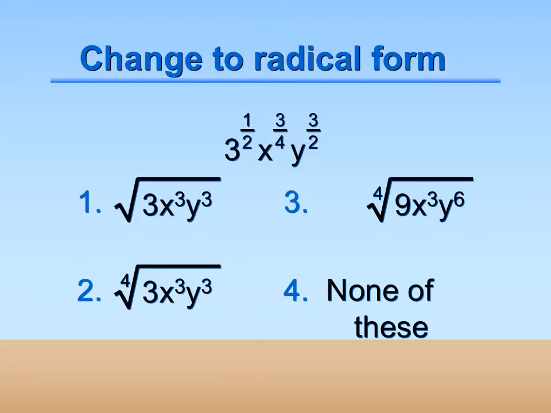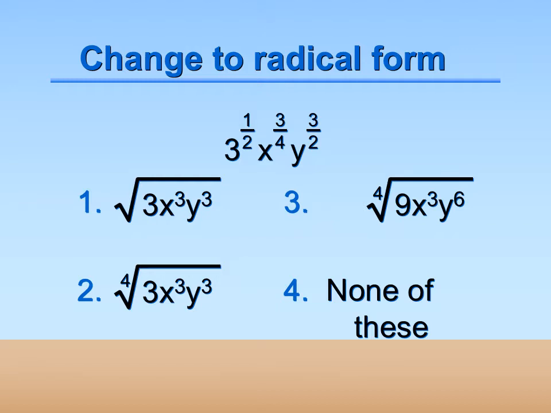So let's look at an example. This one we have 2, 4, and 2. So our least common denominator would be 4, which means that 4 would be in the index, okay? So we know that the answer is not 1, right? It's either going to be number 2 or number 3. But if I make 4 my least common denominator, I can't just change the denominator; I have to change the numerator.